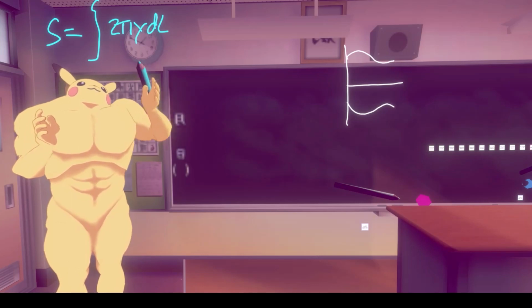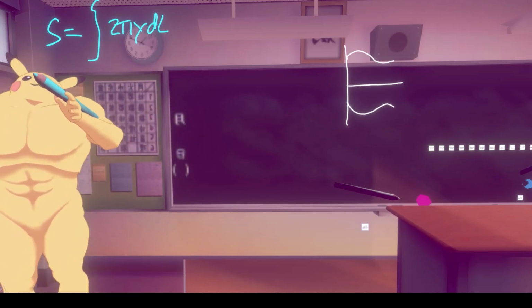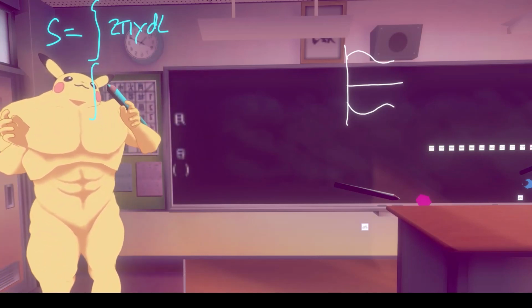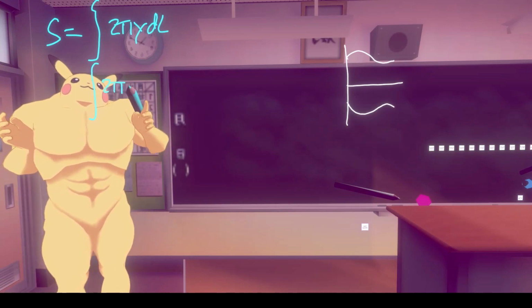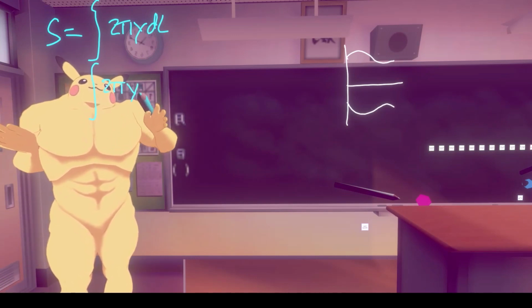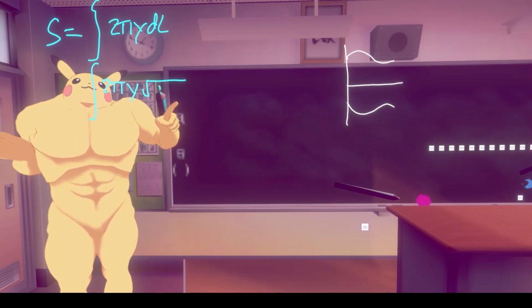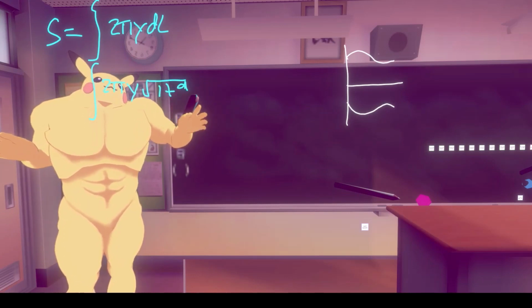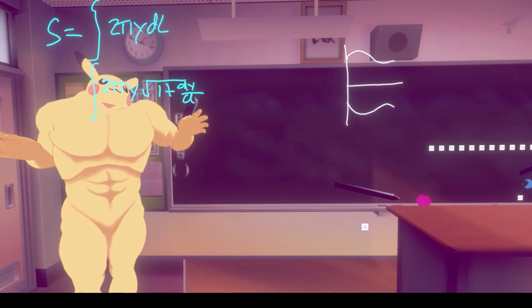What else can we do? Well, we know dl, so let's just write it as a substitution. So 2 pi times y times the square root of 1 plus dy over dx squared.